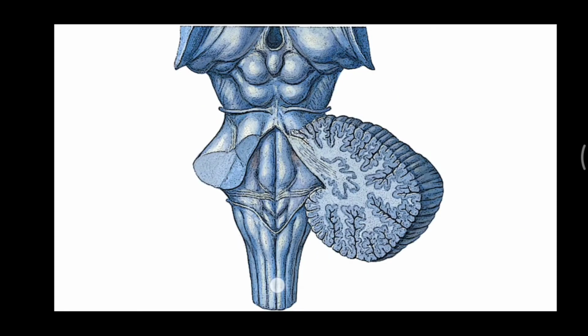The posterior median sulcus is a faint longitudinal groove and maintains a continuity with the corresponding sulcus of the spinal cord. Traced rostrally, it is continuous with the median sulcus of the floor of the fourth ventricle in the open part of the medulla.